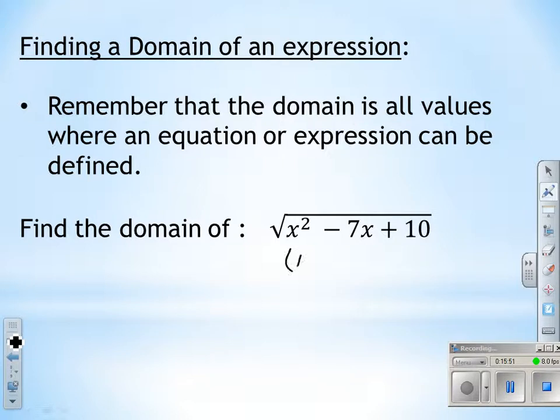and factor that inside. Okay, so answers here are going to end up being, to find us 0 here, a 5 would create a 0 underneath that radical sign, and a 2 would create a 0 underneath that radical sign.